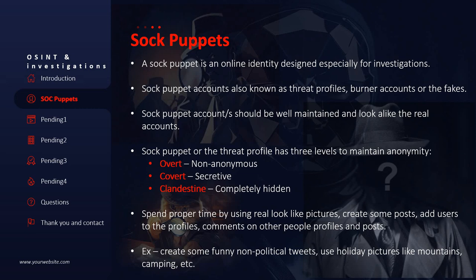But make sure that whenever you create the profile, it does not link to any of your political things. Many people put a lot of political posts online, hate speeches, and sometimes posts based on religion, caste, or color. Make sure that you create the sock puppet account clearly away from all these things.